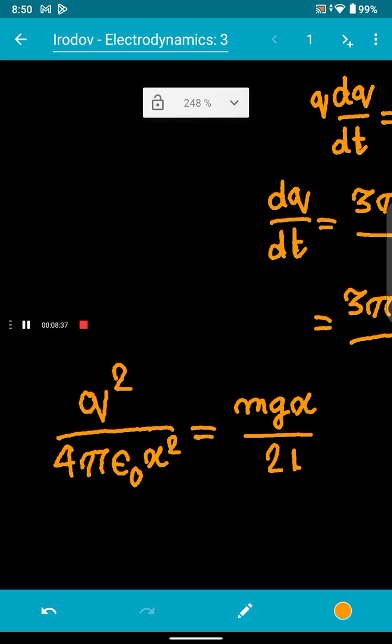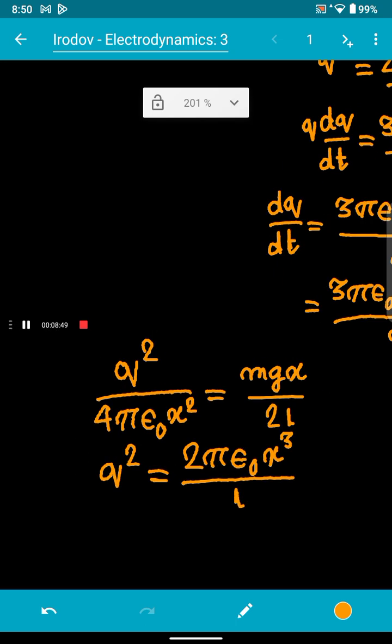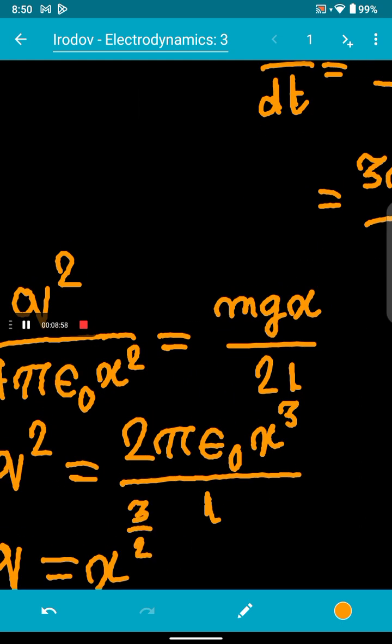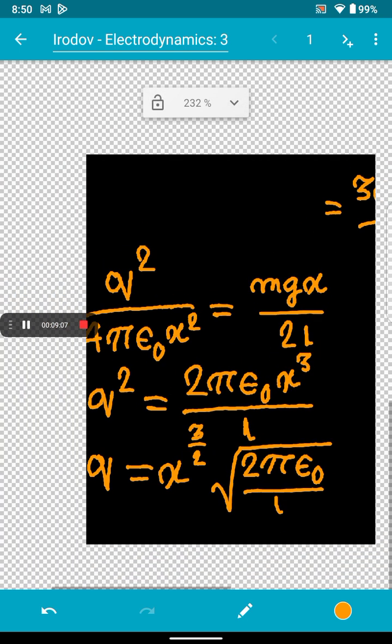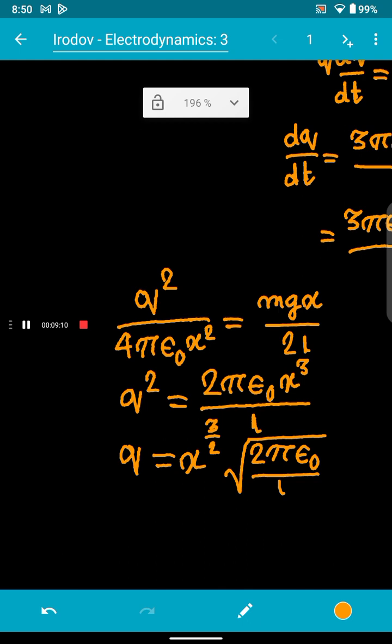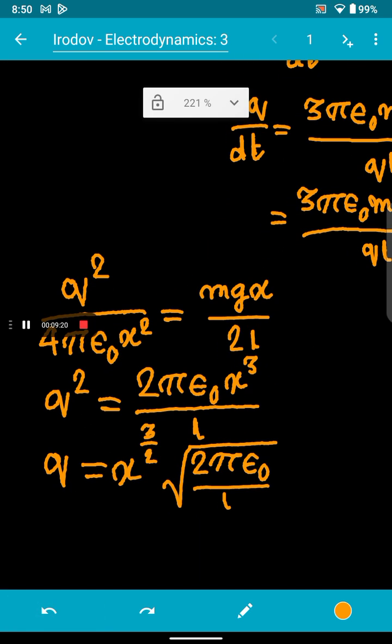Okay, so q square is nothing but 2 pi epsilon naught x square, sorry, x cube divided by L. Hence the ratio, if we take the root, is x to the power 3 by 2, and multiplied by this we will have 2 pi epsilon naught divided by L. Okay, so we have our ratio, and this will just be reversed.